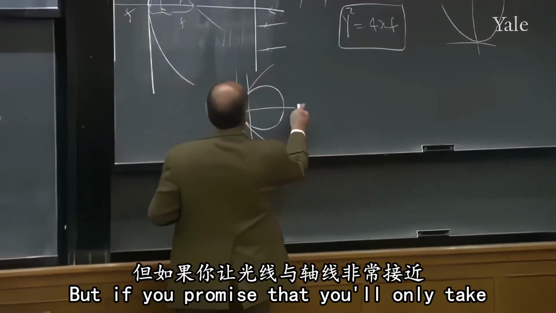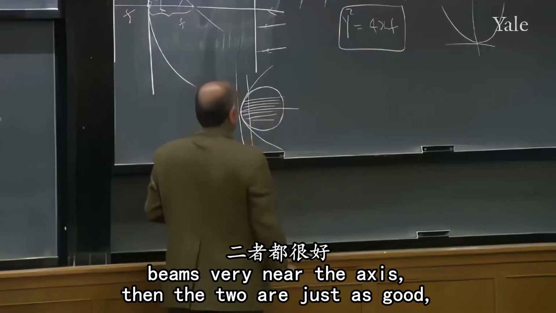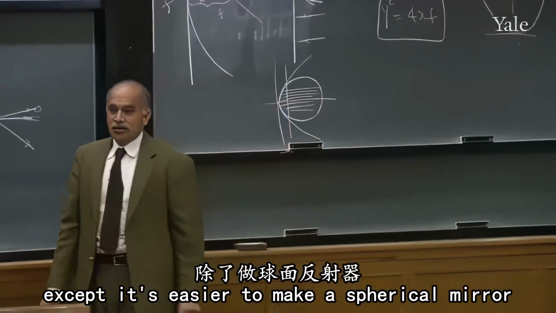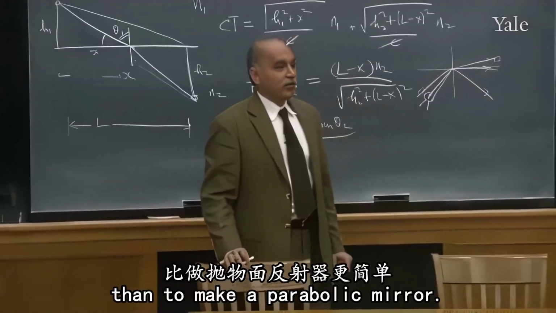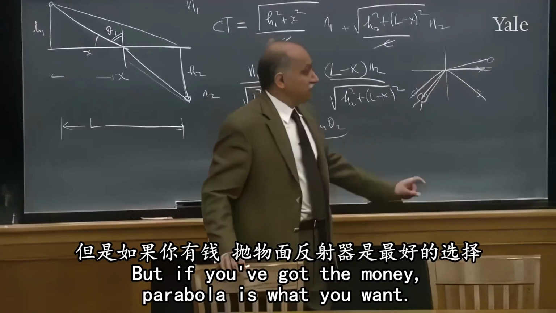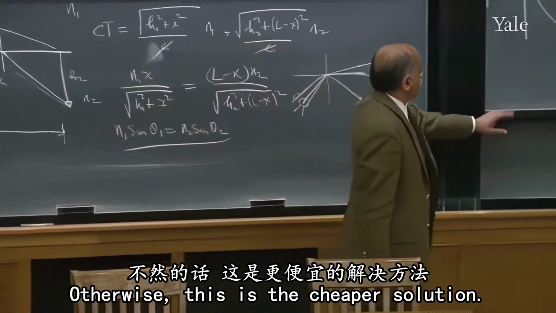But if you promise that you'll only take beams very near the axis, then the two are just as good. Except it's easier to make a spherical mirror than to make a parabolic mirror. But if you got the money, parabola is what you want. Otherwise, this is the cheaper solution.